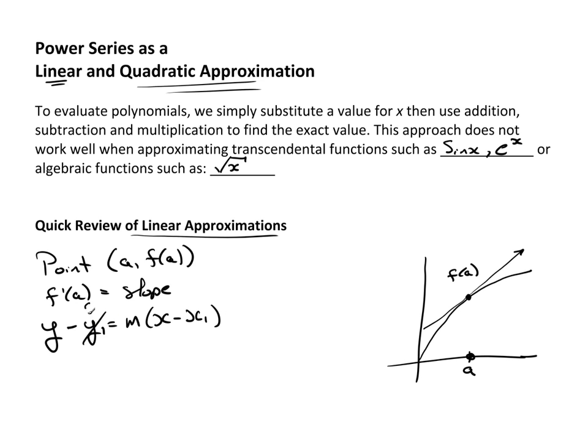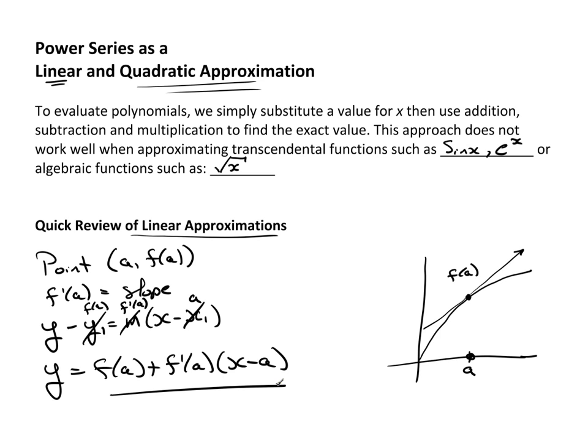So I'm going to substitute that for f of a, and the slope is f prime of a. So that gives me y equals f of a plus f prime of a times x minus a. That's going to be the linear approximation based on this known point, a, f of a. That's what gives me the slope of this tangent line.